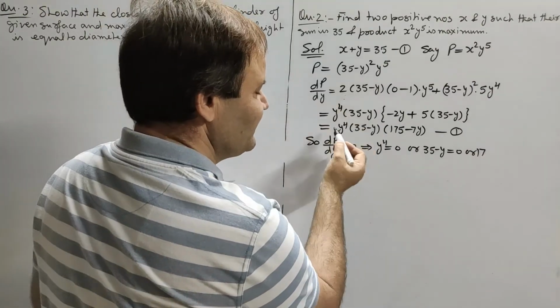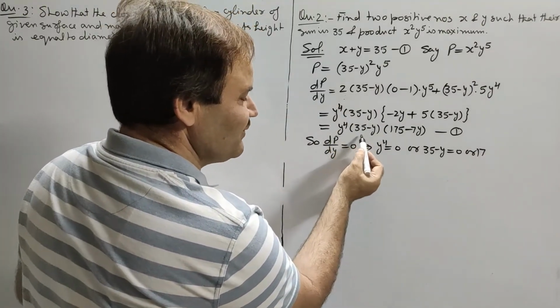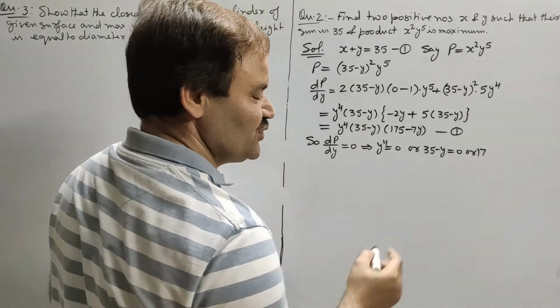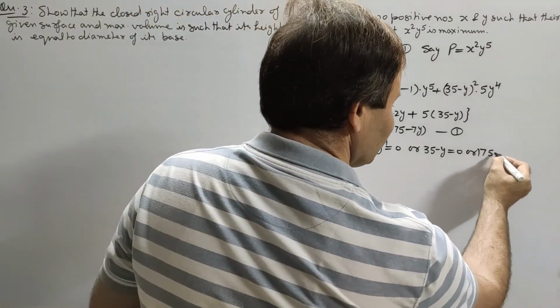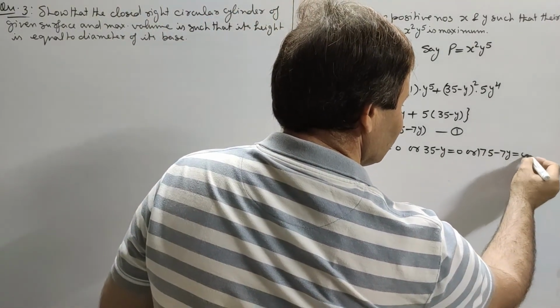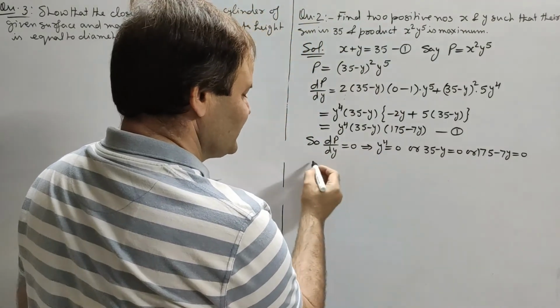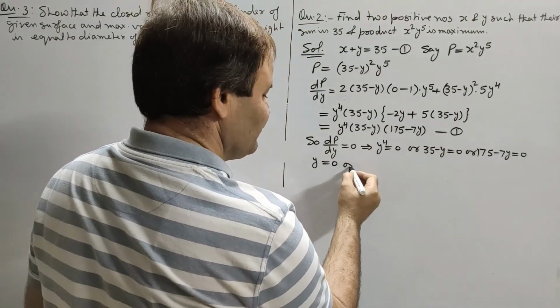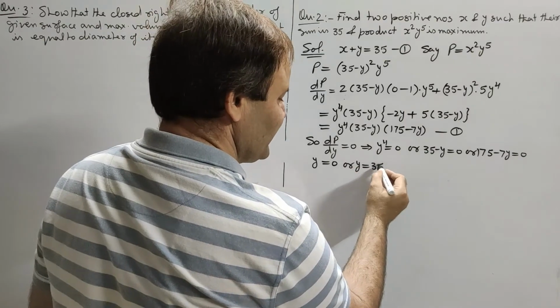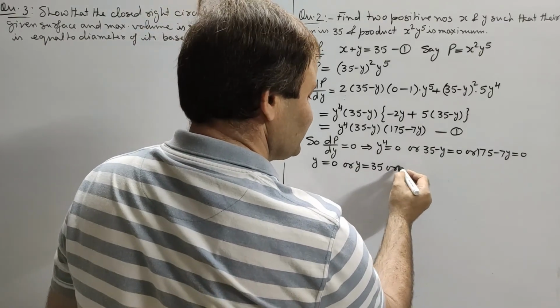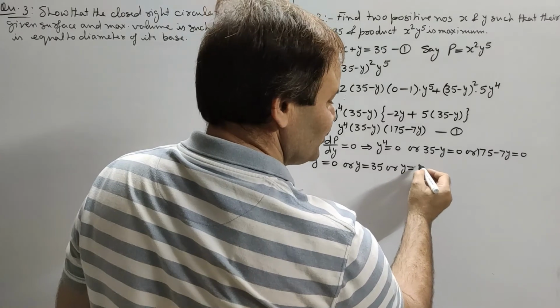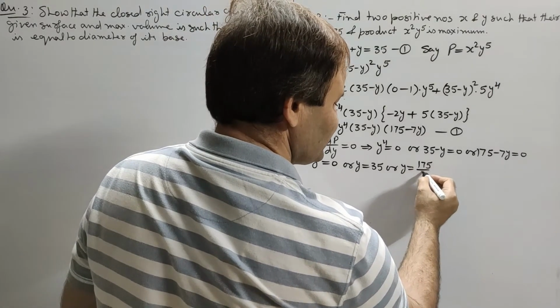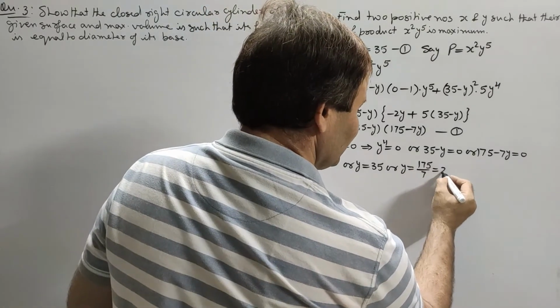Because if dP by dy is 0, then at least one of these three should be 0. So this gives y is equal to 0, this gives y is equal to 35, and the last one gives y is equal to 175 by 7, which is equal to 25.